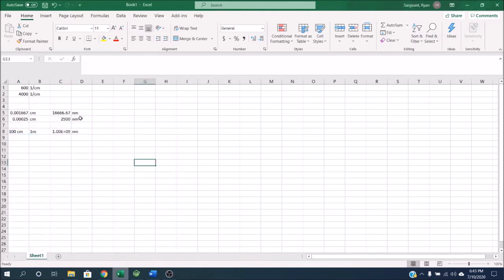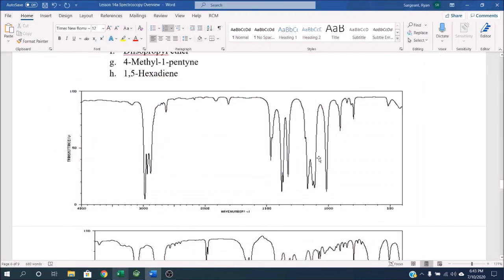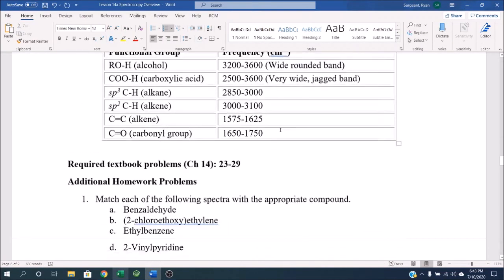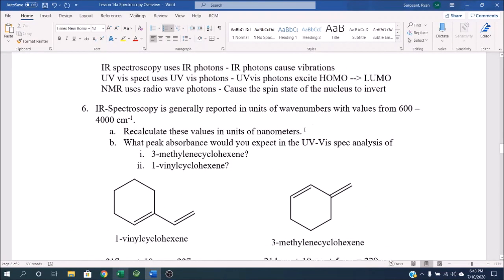So while the range of UV-Vis spectroscopy is from 200 to 800 nanometers, the range of IR spectroscopy is from 2,500 nanometers to 16,666.6666 nanometers. Just to help you appreciate it, the photons we use in IR spectroscopy are much longer than the photons we use in UV-Vis spectroscopy.